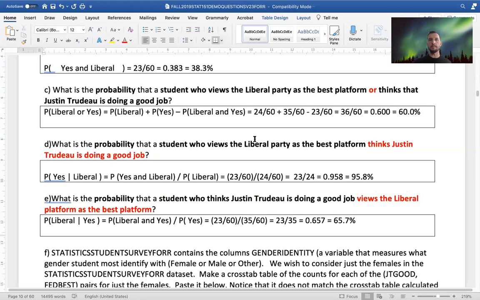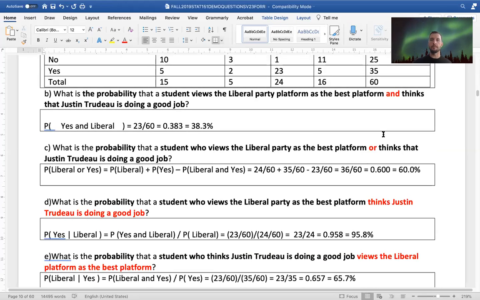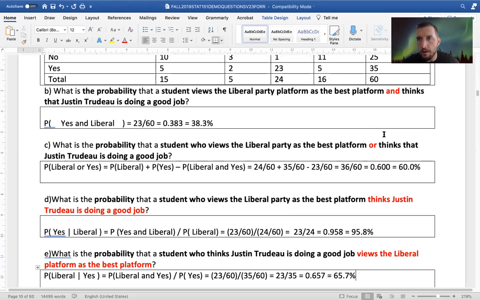All right, so what we have seen is an illustration of how to construct a contingency table in R, and we have seen how to construct the probability of the joint, the probability of the union, and the probability of the conditional in two different directions.